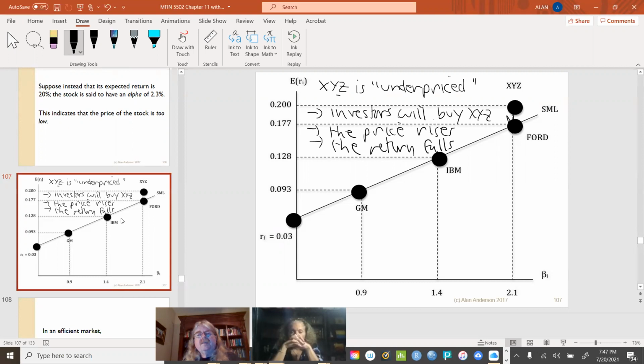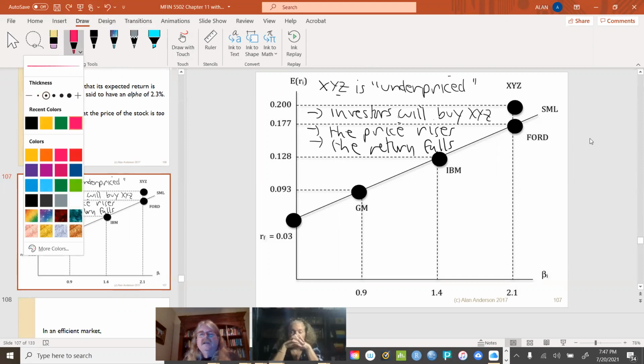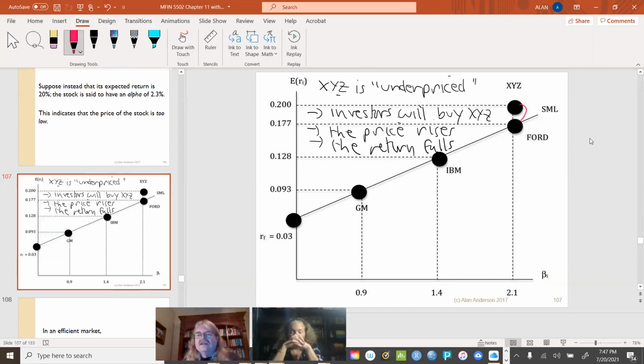So in other words, it'll just go right back down. I don't know if you can see that. It goes from here to here, let's say, just so you can see it, down to the line where it belongs. It won't go any further down, because once it hits the line, it is said to be correctly priced.